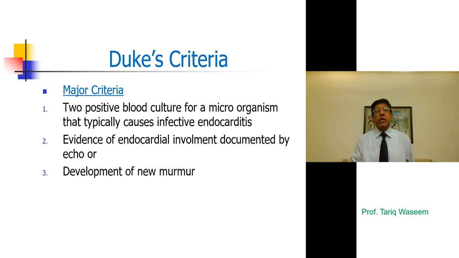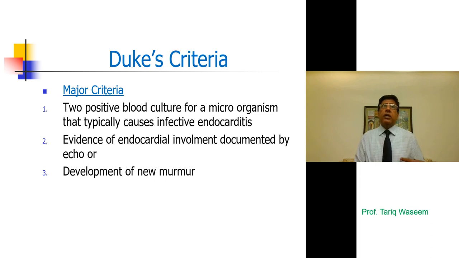By major, we mean that in patients whom we suspect of endocarditis, with ongoing bacteremia, we should have at least 2 positive blood cultures for the microorganisms we described as typically causing infective endocarditis. There should also be evidence of endomyocardial involvement documented by echocardiography, or development of a new murmur.